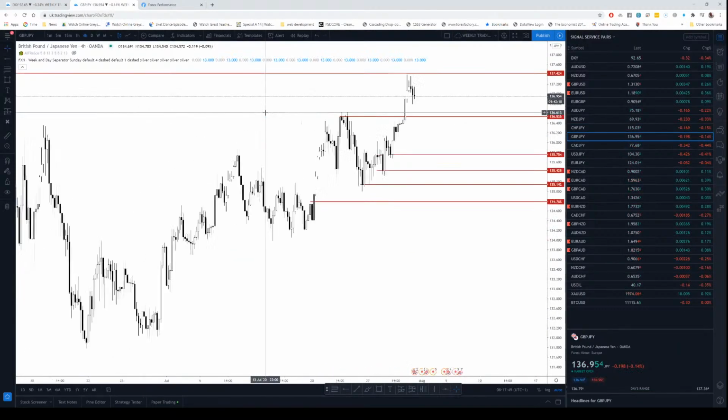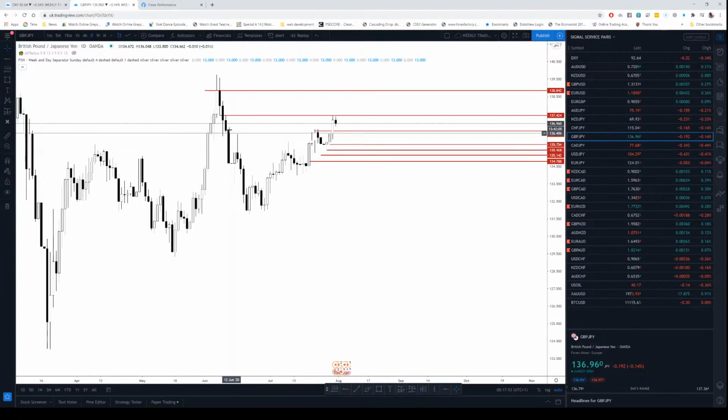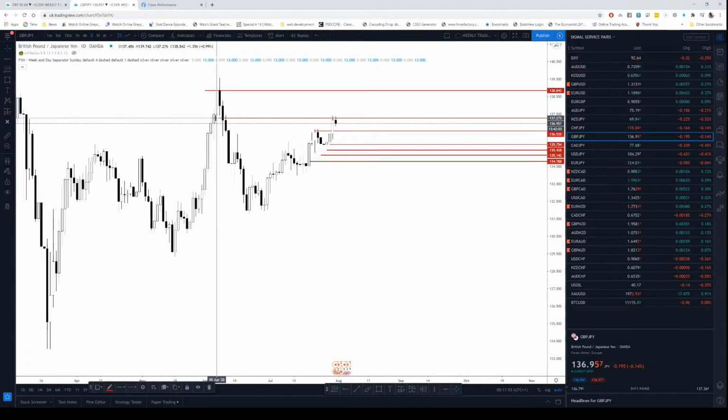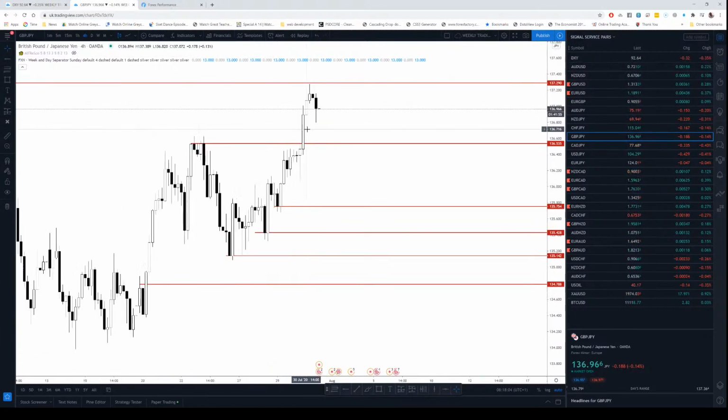Pound yen almost got to the last up candle. I think it did get to the low of that last up candle, and it's rejecting. It's still bullish, so be mindful of going short. You don't want to be selling right now until we do get a break in any down candle.